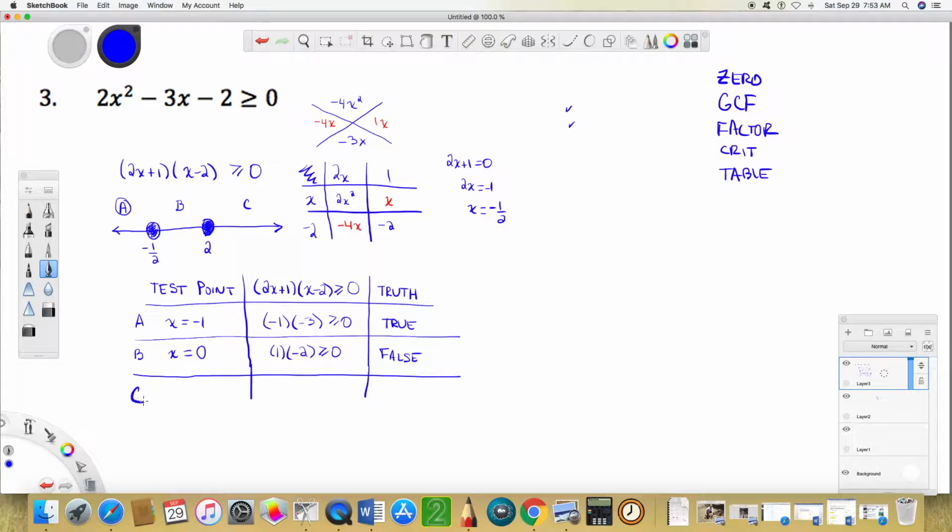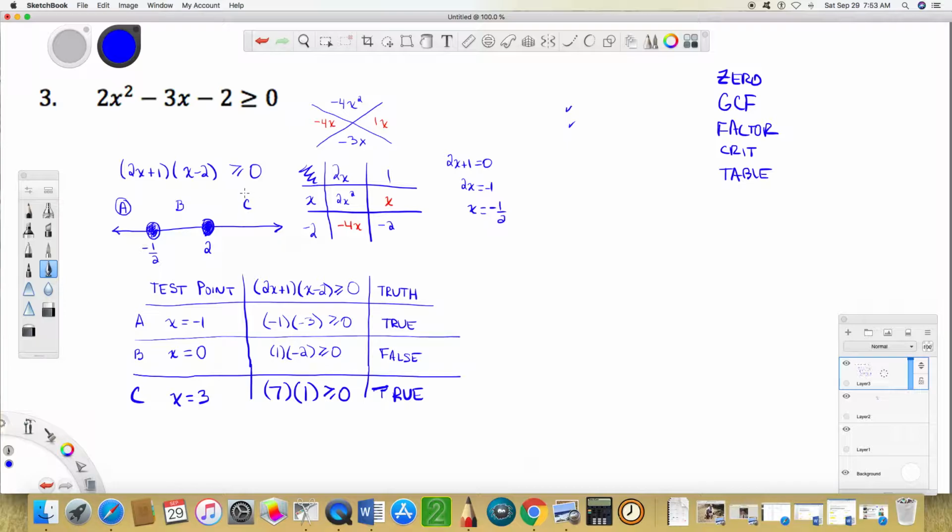All right, so let's extend our table. And let's look at region C, and a number that's bigger than 2, well, I would just pick 3. So 2 times 3 is 6, and 6 plus 1 is 7. 3 minus 2 is 1. 7 times 1 is 7, and 7 is greater than or equal to 0. That's a true statement. So that's in my solution set. So I'm going to shade that region.